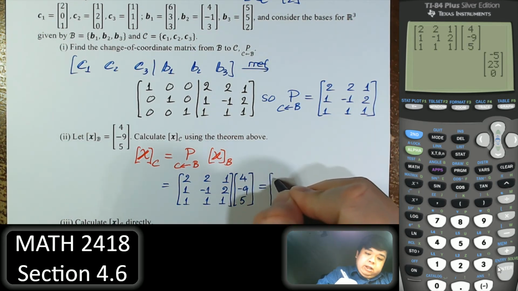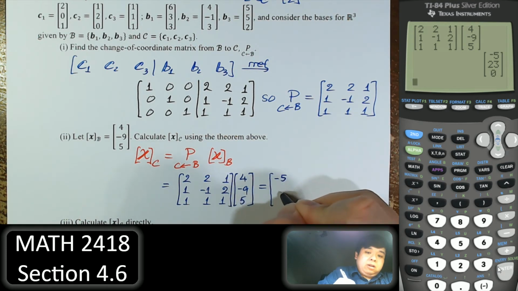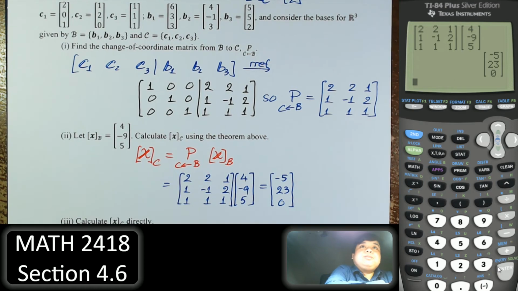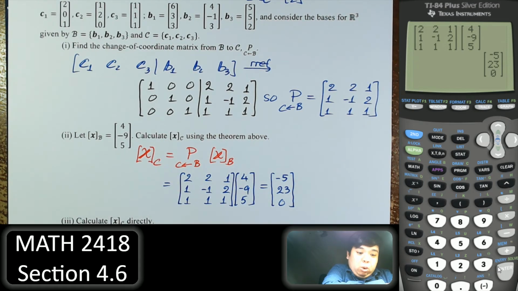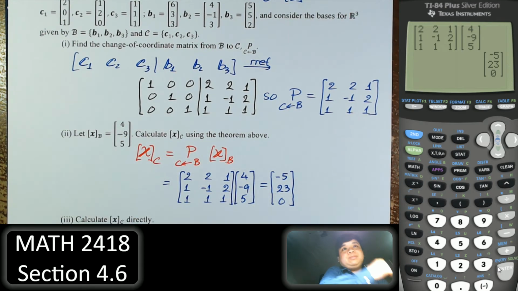We have -5, 23, and 0. Right, so in C coordinates, x is equal to that.